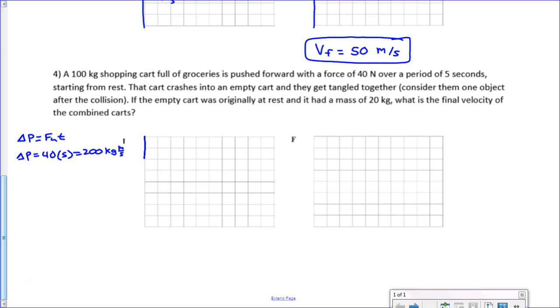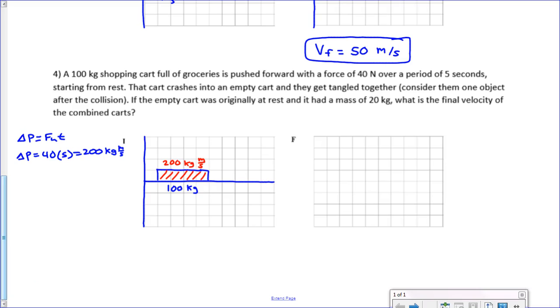So we've got a cart that's filled and a cart that is empty. The one that's filled is the one that was originally pushed. We're going to assume that both carts started out at rest, but now we've pushed this first one so that it has a momentum of 200 kilogram meters per second. It has a mass of 100 kilograms, and we know the momentum given to it by the force was 200 kilogram meters per second.